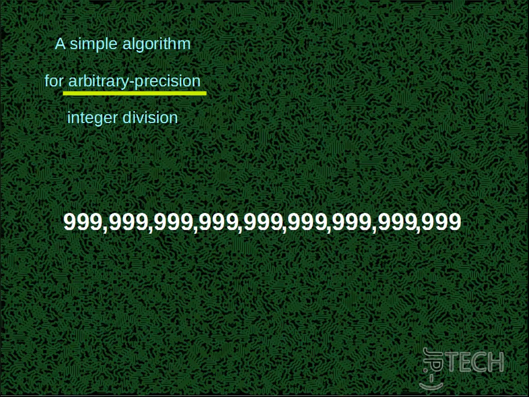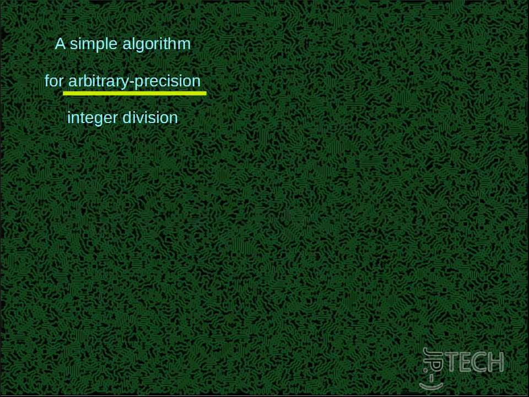To understand why we need an algorithm for arbitrary precision numbers, let's first discuss how computers store big numbers. Computers store information using tiny little switches that we call binary digits or bits. These bits can be represented by a 1 or a 0.